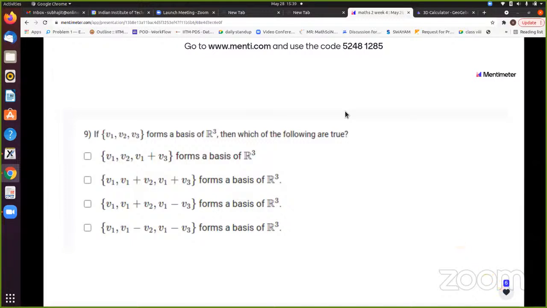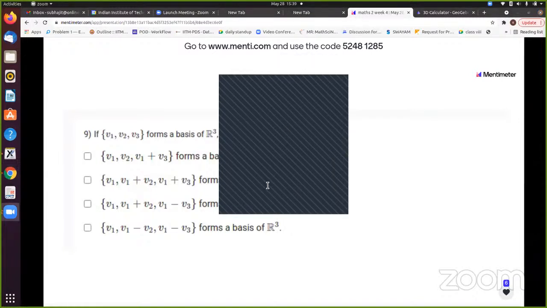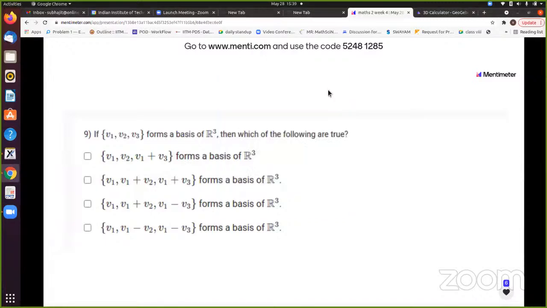I can post the link here. So if 8 have solved it, 8 of you, 9.